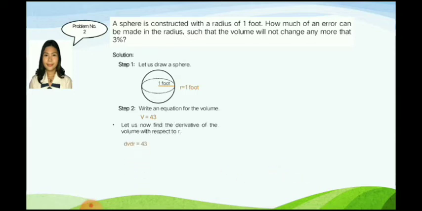So let us now find the derivative of the volume with respect to r. So dV over dr is equal to 4 over 3 times pi times 3r squared, where 3r squared is the derivative of r cubed.